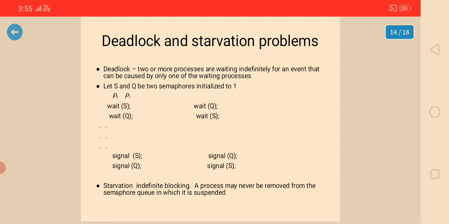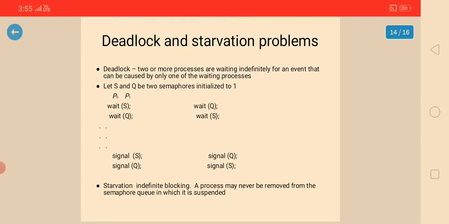Finally, deadlock and starvation problems. Deadlock: two or more processes are waiting indefinitely for an event that can be caused by only one of the waiting processes. Let S and Q be two semaphores initialized to 1.